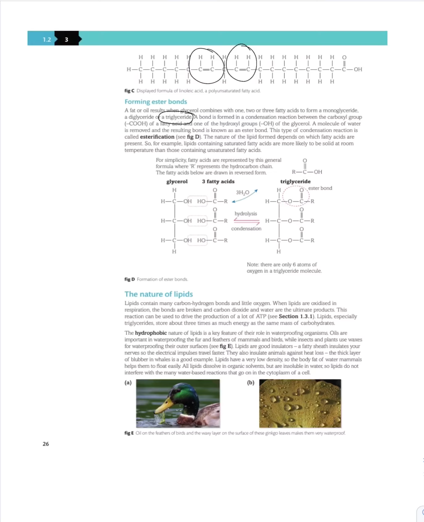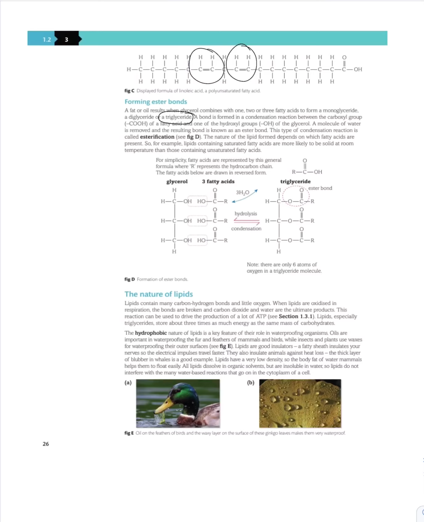The nature of the lipid formed depends on which fatty acids are present. So, for example, lipids containing saturated fatty acids are more likely to be solid at room temperature than those containing unsaturated fatty acids. For simplicity, fatty acids are represented by this general formula where R represents the hydrocarbon chain. The fatty acids below are drawn in reversed form.